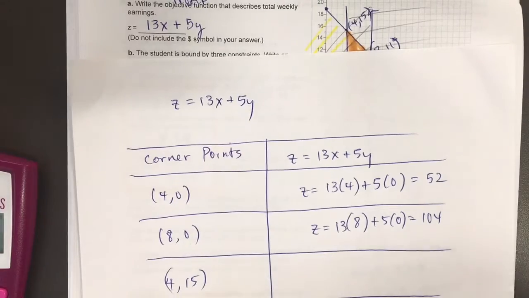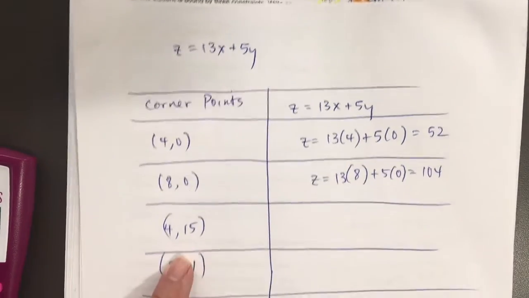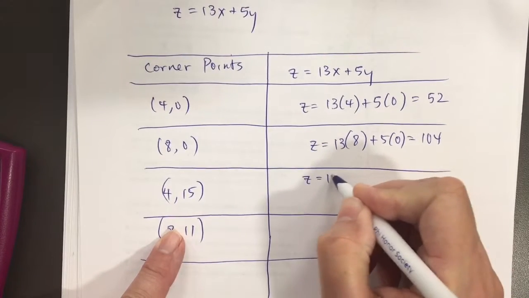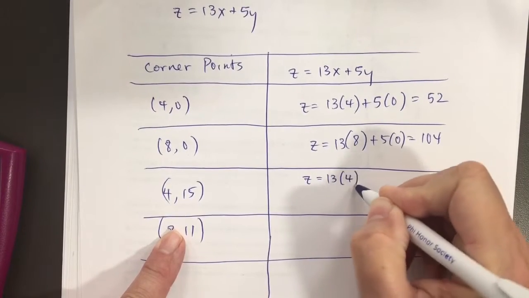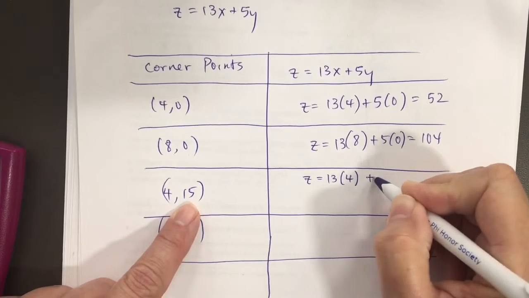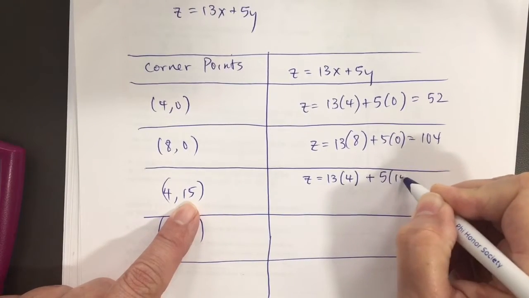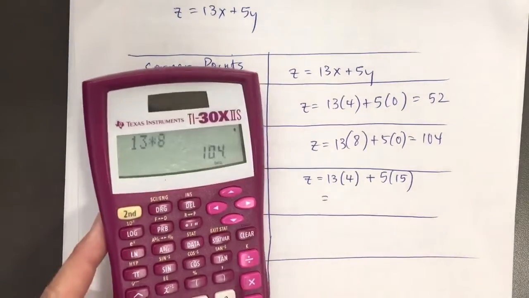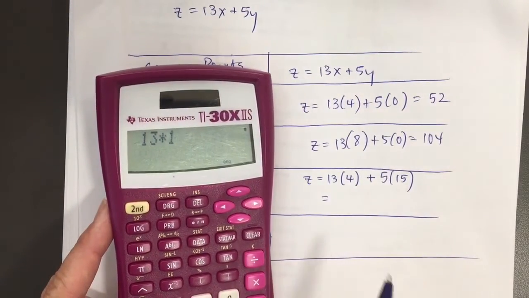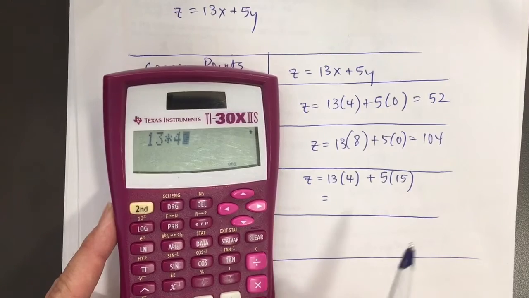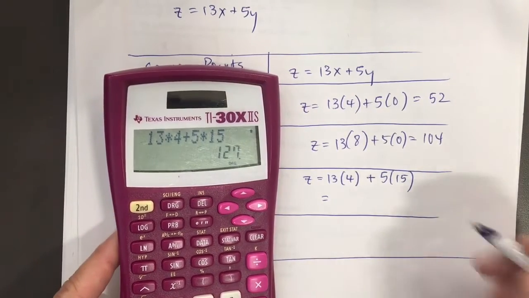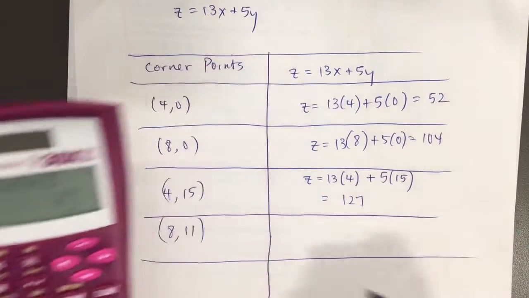For the corner point (4, 15), the student tutored 4 hours, earned $13 an hour, and the student was teacher's aide for 15 hours, earning $5 an hour. 13 times 4 plus 5 times 15 is 127.